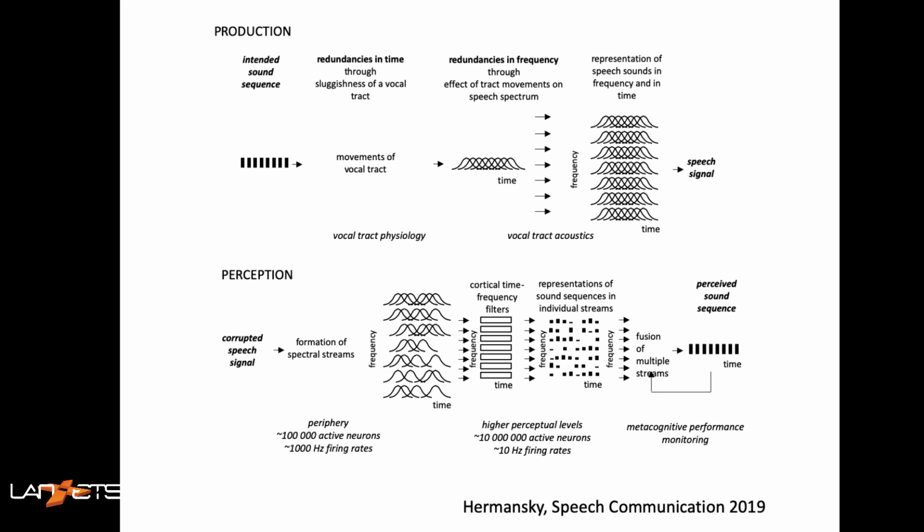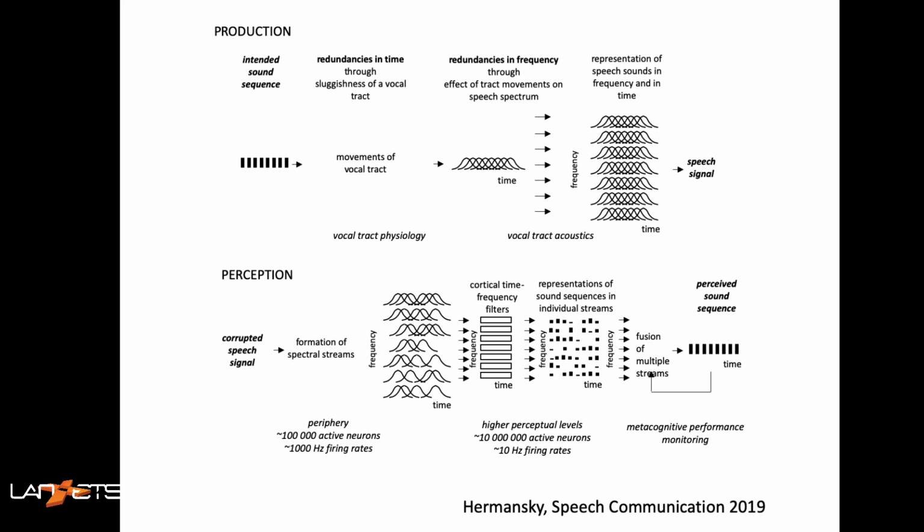It goes into movements of the vocal tract. Because of sluggishness, you get co-articulated information where information about each segment is basically spread in time and overlapping. Then it also gets spread at the same time in frequency, so you get very similar pictures in terms of the information at different frequency bands.